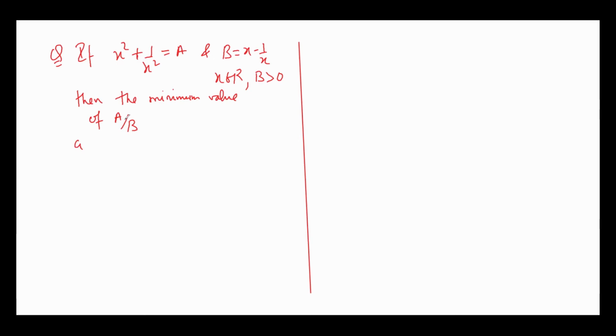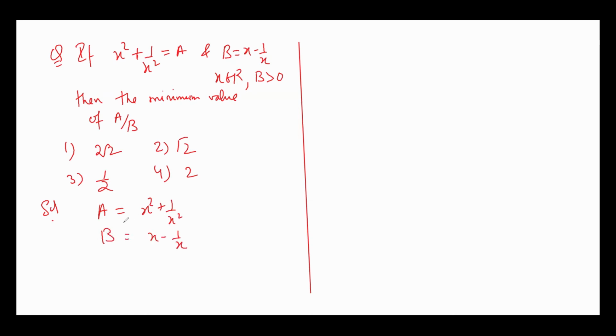The first option is 2 root 2, root 2, 1 by 2, and 2. Okay. Now look. What is given to us? That a is x square plus 1 by x square, and b is x minus 1 by x.